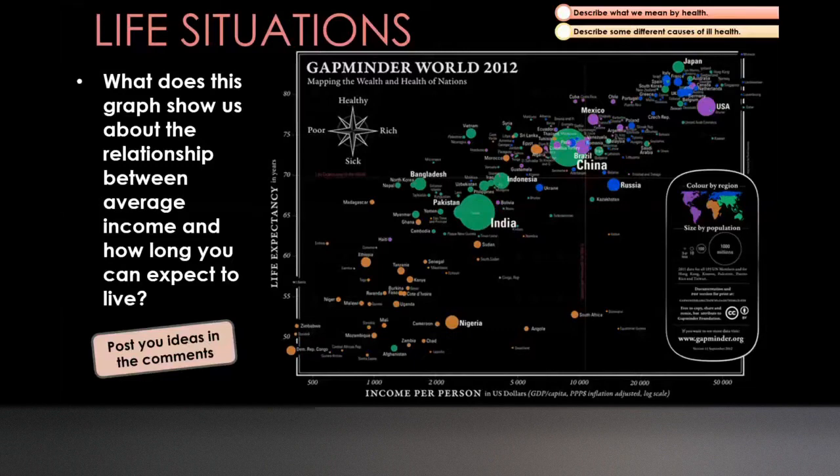A country like, if you look right down at the bottom left, that one is the Democratic Republic of Congo. They have very, very low income per person, less than $500 per year, and they have a life expectancy of less than 50 years. So not much money for healthcare, so they don't tend to live as long, which is very sad.